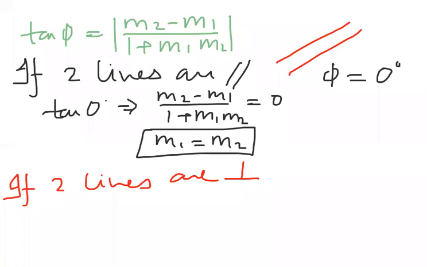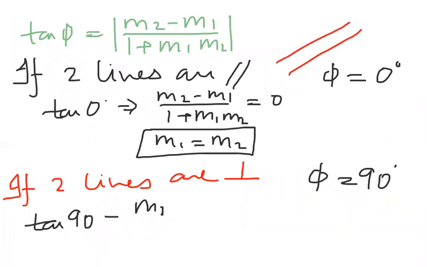And if two lines are perpendicular, now see, two lines are perpendicular, it means phi will be equals to 90 degree. And for 90 degree, tan 90 is equals to M2 minus M1 upon 1 plus M1 M2. Tan 90 value is 1 upon 0.